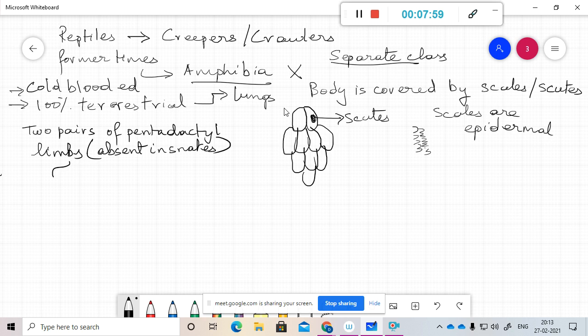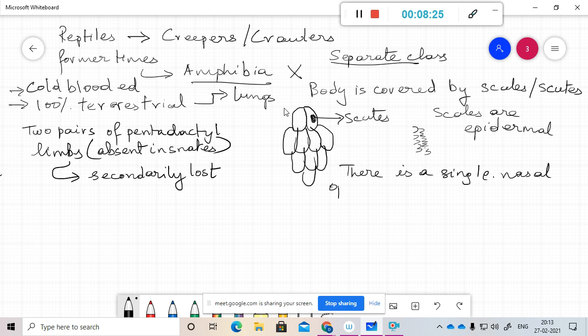But of course, this is secondarily lost in snakes. There is a single nasal opening.